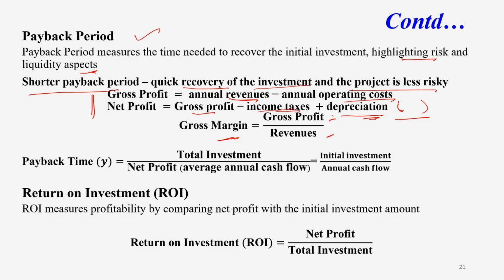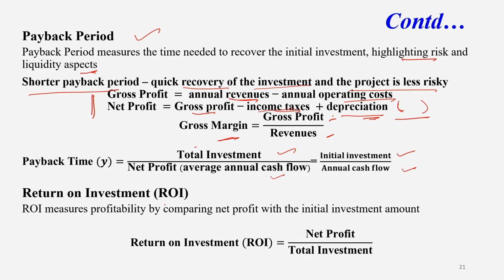Now, coming back to how to calculate payback period. We have to understand it is the total investment divided by net profit. Net profit means average annual cash flow. So, we may not consider the non-cash part here, or you can say in place of total investment, you can also consider for a given case the initial investment divided by this annual cash flow or the net profit.